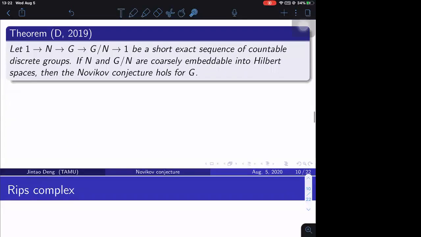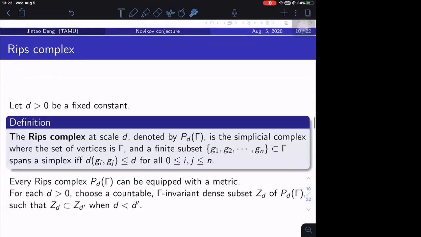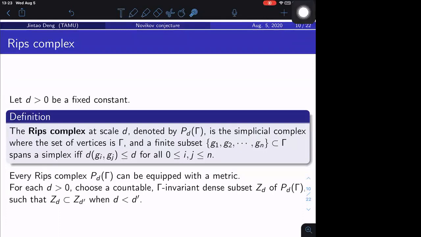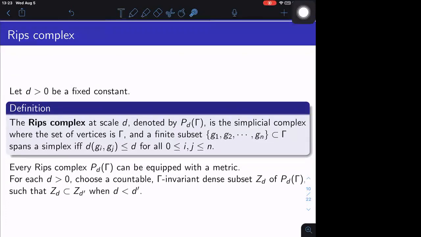Okay, let's move on. Now let's define the Novikov conjecture and the Baum-Connes conjecture. If we fix a scale d, the Rips complex at scale d, denoted P_d(Γ), is a simplicial complex whose set of vertices is Γ, and a finite subset spans a simplex if and only if any two elements of the finite subset have distance smaller than d.